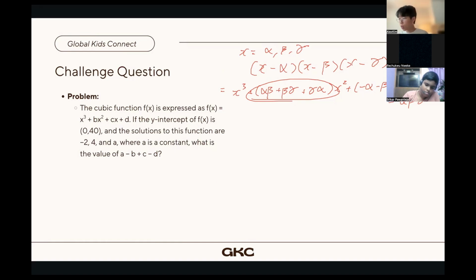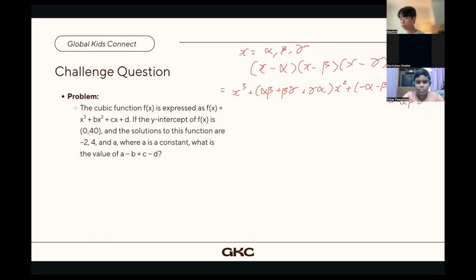If we have three solutions or three x-intercepts, and we pair two distinct values, multiply them, and then add them up, we get the coefficient of x squared. For the coefficient of x, it's the negative sum of each of our roots. And the constant will be the negative product of every root or solution that we know.